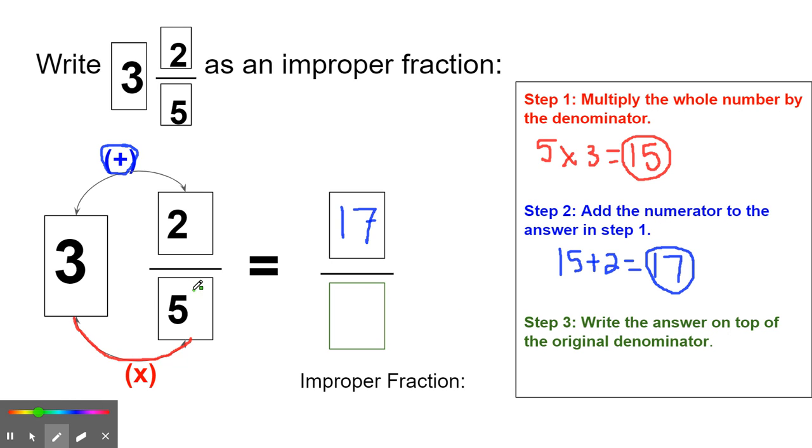Our original denominator was 5, so we will keep that the same. So that's how we switch them into improper fractions. Step 1, we multiplied 5 times 3 to get 15. Then we added 2 onto that 15 to get 17, which was our numerator.